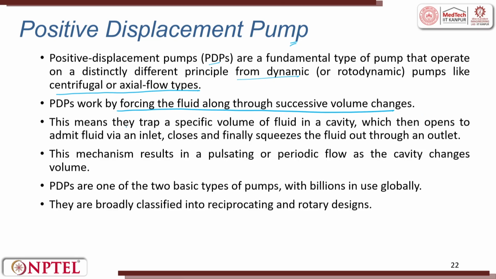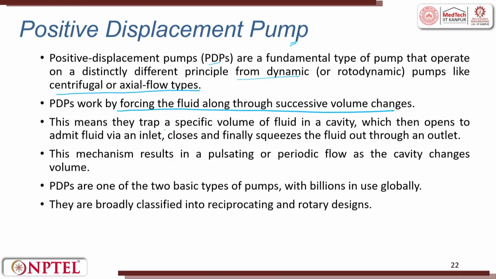This means they trap a specific volume of fluid in a cavity which then opens to admit fluid, right. So, you have a cylinder, there is a hole. When the piston comes down, there is a vacuum which is created, and the fluid flows inside.